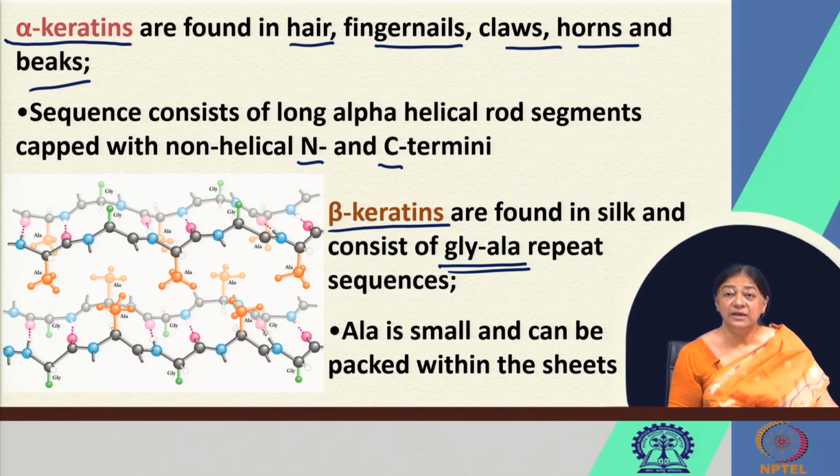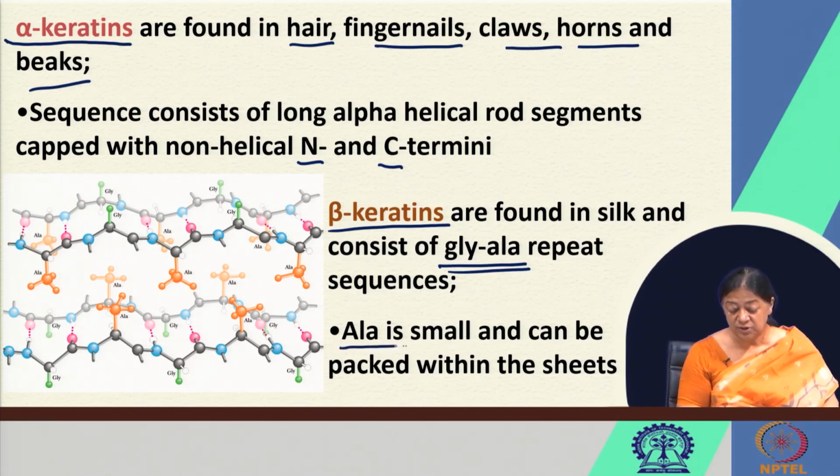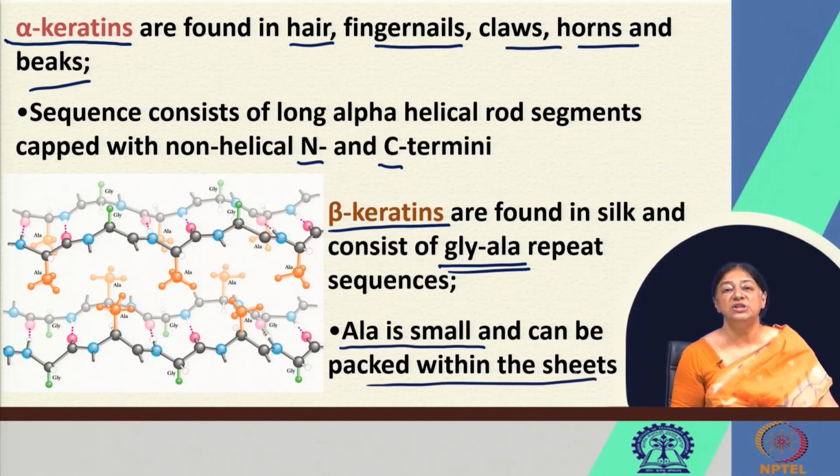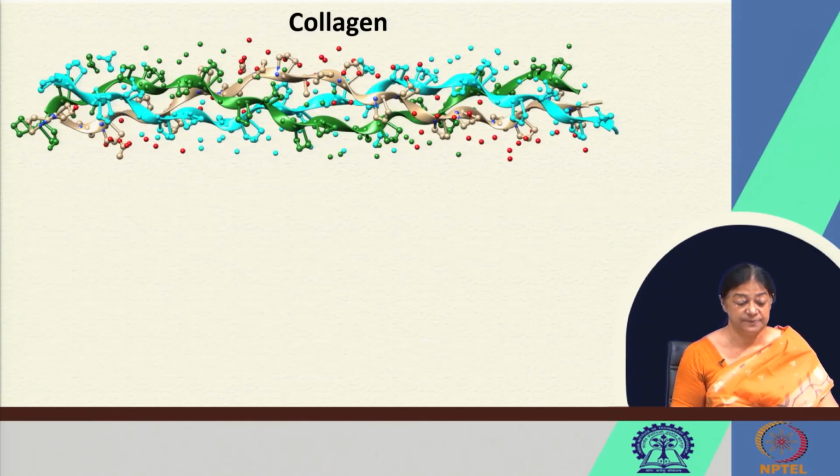So, alanine is small in size, as definitely is glycine, and because of their size they can be packed within the sheets that form beta keratin. So, this is important. We straight away understand the importance of the amino acid sequence, the presence of specific amino acids in their overall structural aspect in this case.